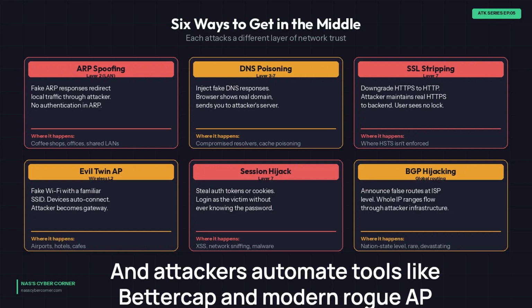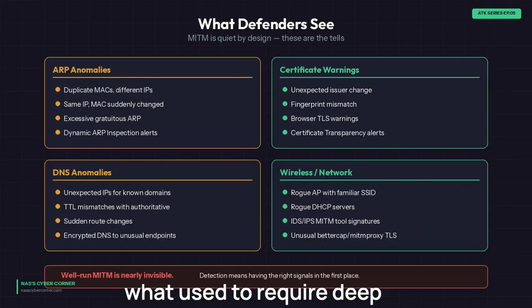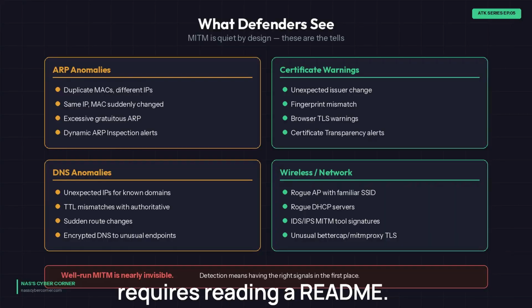And attackers automate. Tools like Bettercap and modern rogue AP kits make sophisticated attacks easy. What used to require deep networking expertise now requires reading a README.